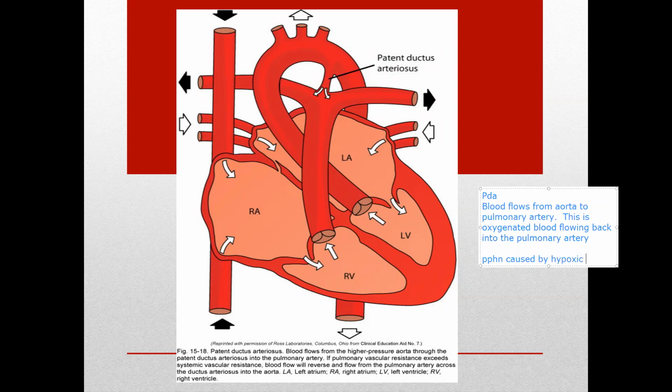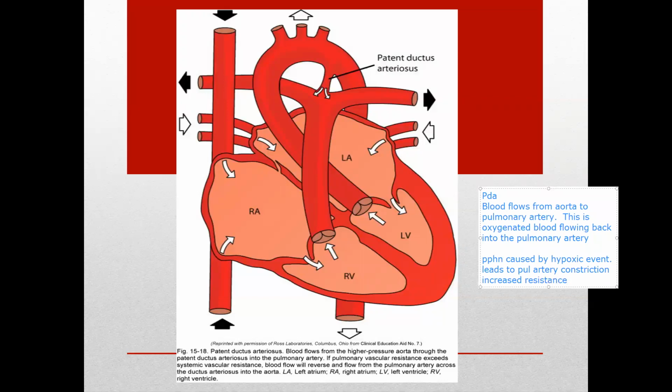But a hypoxic event leads to the pulmonary arteries becoming more constricted, and then we get backed up blood flow or increased resistance because of the constricted vessels.